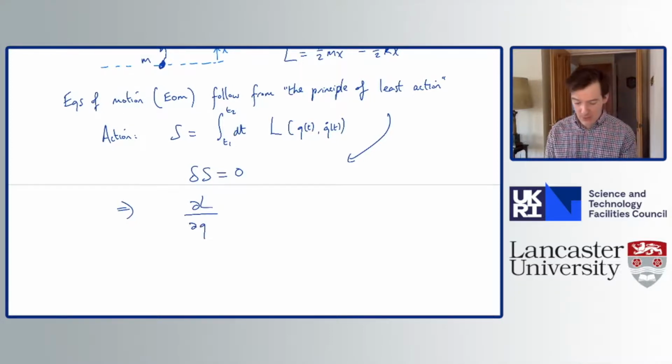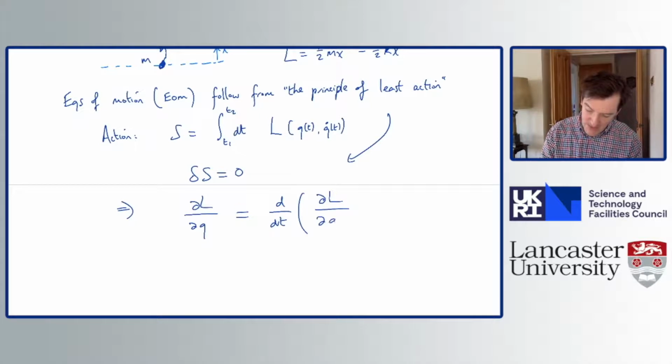satisfies the following equation. The partial derivative of L with respect to Q must equal the total time derivative. Note here, these are partial derivatives, and this is a total derivative. The total time derivative of the partial derivative of L with respect to the time derivative of the coordinate.